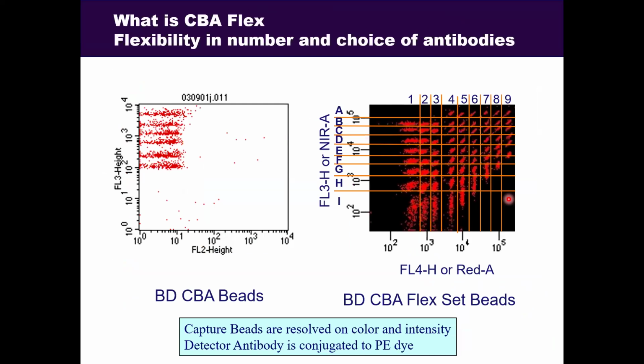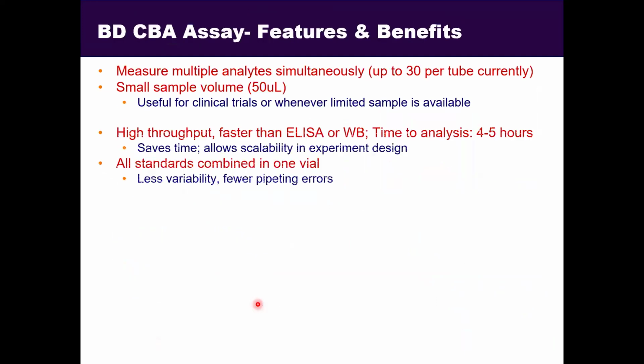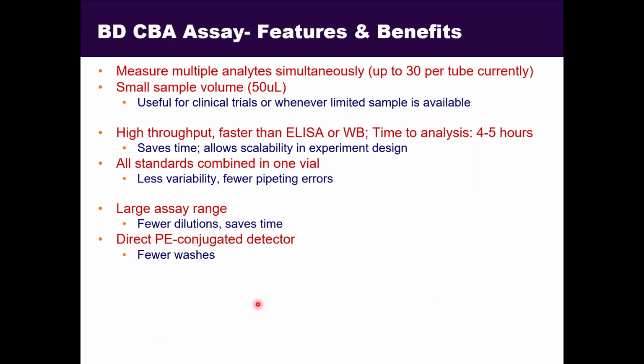And in one go, you can do multiple cytokine analysis. As I told you, just 50 microliter of sample is required for your analysis. These are the benefits: you can use only 50 microliter of sample. It's very fast.